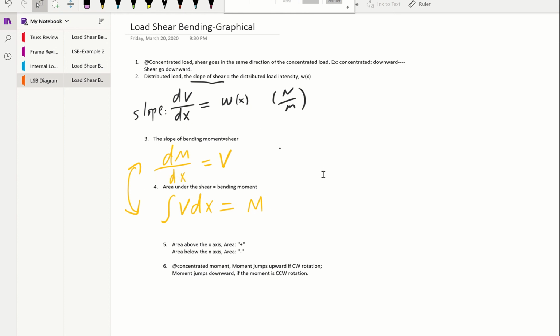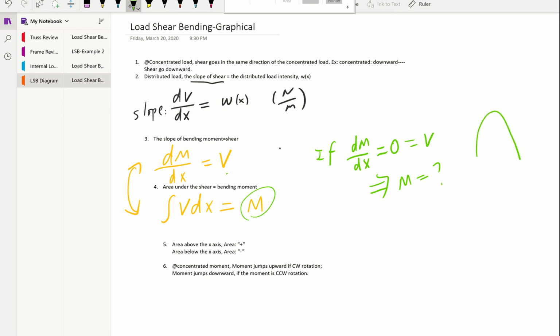We already learned in calculus that if the slope of bending, dM over dx, equals 0, in other words your V will be equal to 0, what do you think your bending moment will be? Think about this.